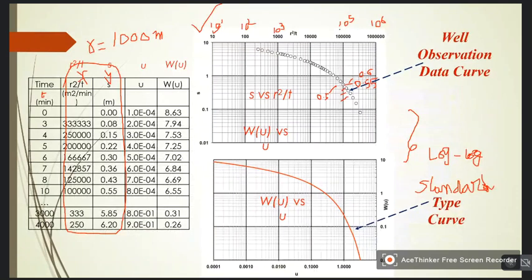Sir, it is a confined aquifer, no? Yes, it is a confined aquifer. It is only for confined aquifer. For unconfined aquifer, we have not considered yet. This is unsteady state. The earlier one, what you have done, was steady state. Do you see the difference? Do you understand the difference? Yes, sir, following.